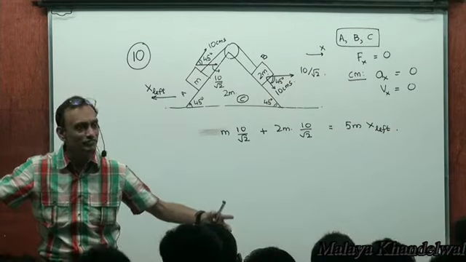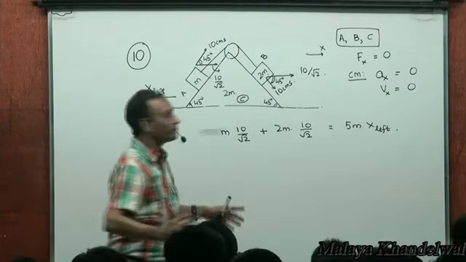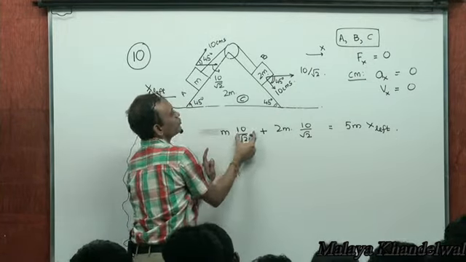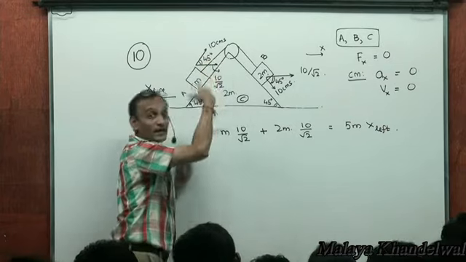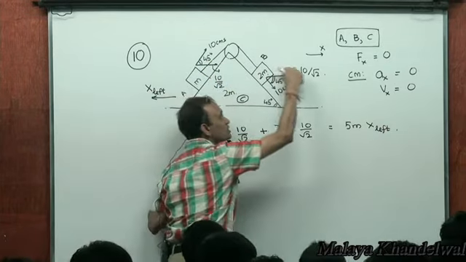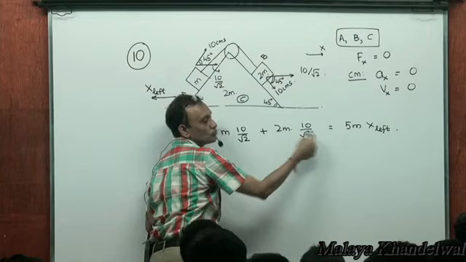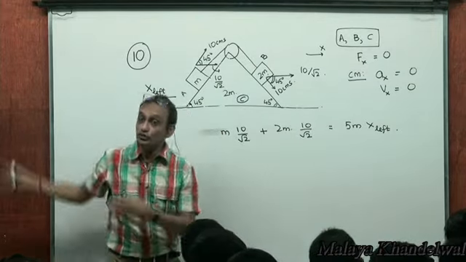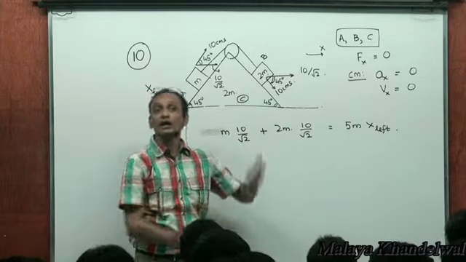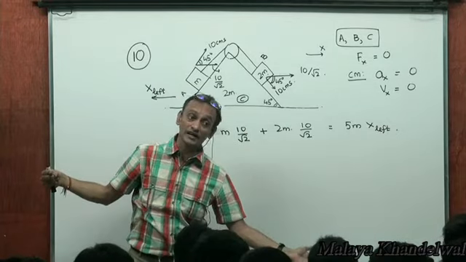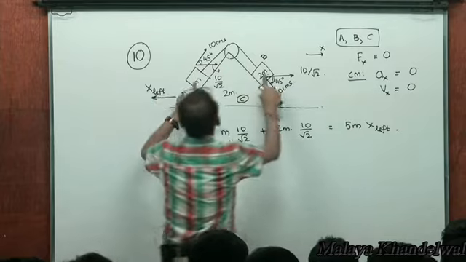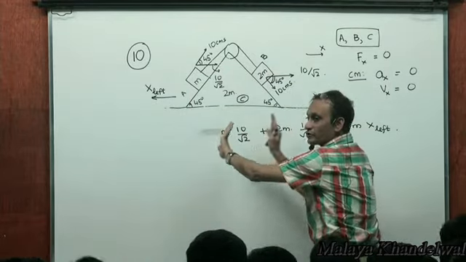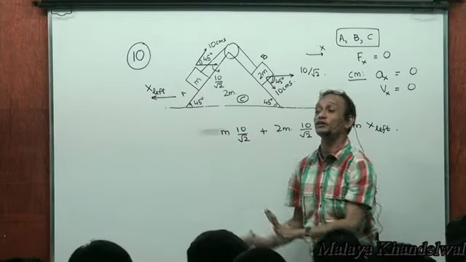Realize it is the same raft and boat problem, right? The disturbance caused to the right by this is m into 10 by root 2, and the disturbance caused by this is 2m into 10 by root 2. All along, C allowed this disturbance to happen, allowing the center of mass to get shifted to the right. Now the masses come to rest and the total mass 5m moves by an amount x to the left so that it can restore the x coordinate of the center of mass.